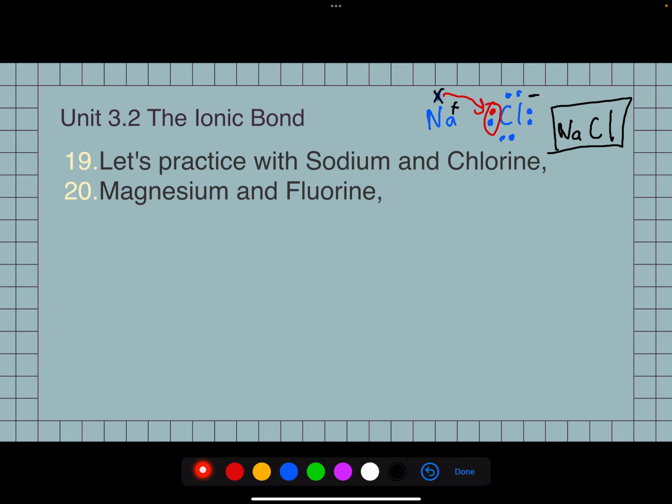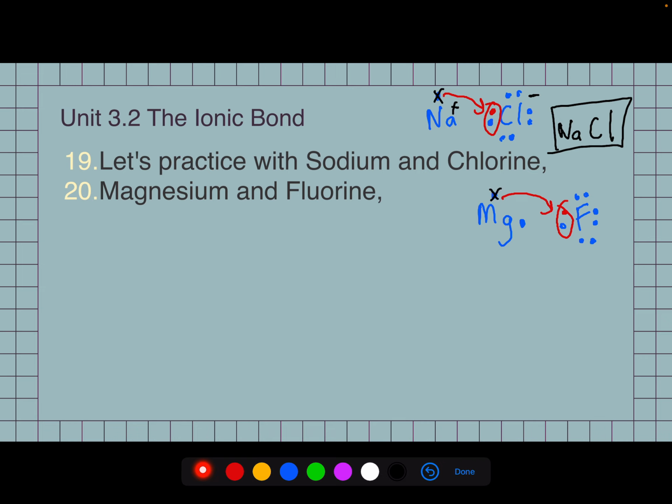So let's practice with magnesium and fluorine now. I have magnesium, which is Mg, with 1, 2. Fluorine is 7, so 1, 2, 3, 4, 5, 6, and 7. 1 is going to be given away to fluorine, making a bond.